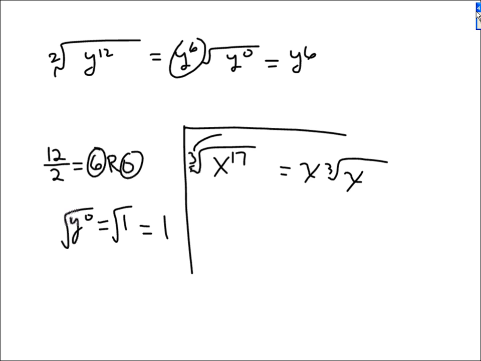But what you do is 3 into 17. 3 into 17 goes 5 times, remainder 2. There's the 5 times, there's the remainder 2. It's x to the 5th times the cube root of x squared. It's just long division.